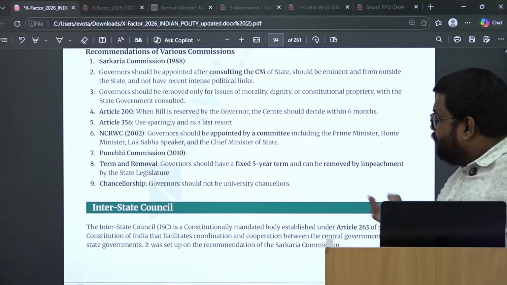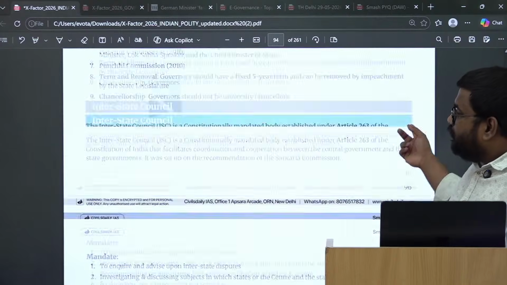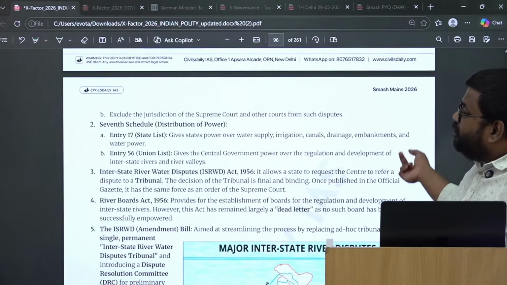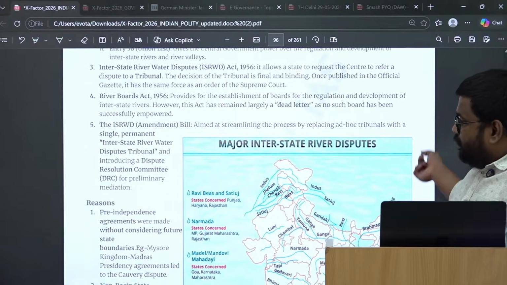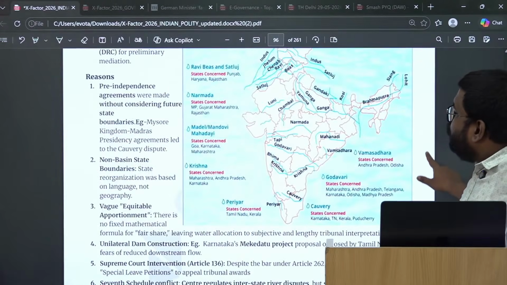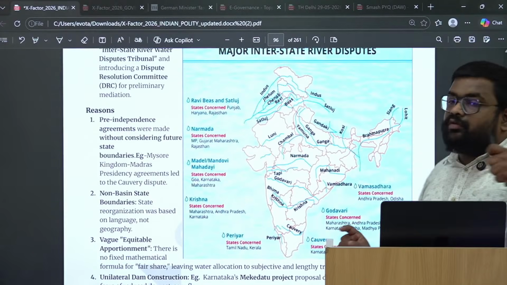On these same lines you can get a question on interstate council or interstate water disputes. यहाँ पे भी you need to remember the map. अब आपको पता है कि interstate water dispute अगर आया तो you need to draw the map.